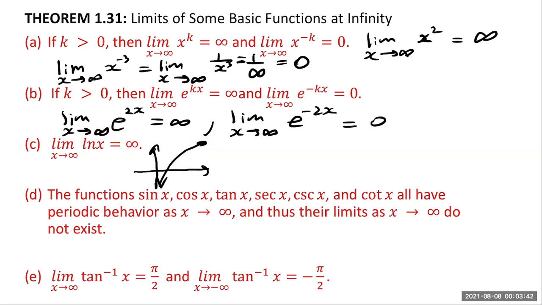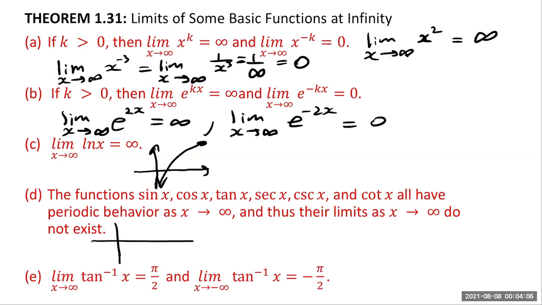And then the fourth part, the functions sin x, cosine x, tan x, secant x, cosecant x, and cotangent x all have periodic behavior as x goes to infinity, and thus their limits as x approaches infinity do not exist. Okay, this is clear. For example, take sin x.